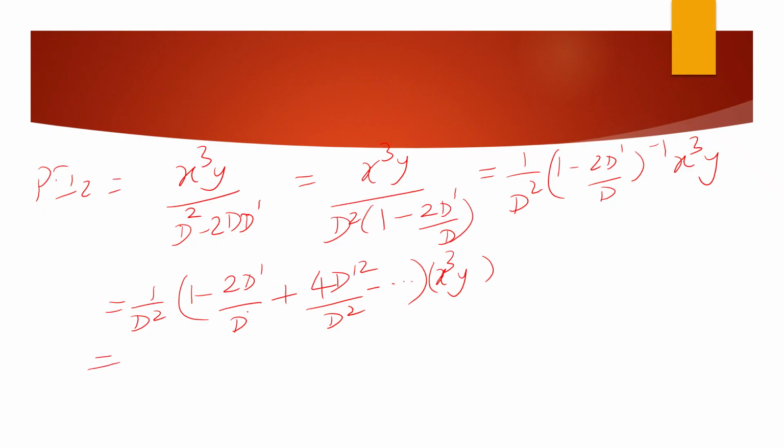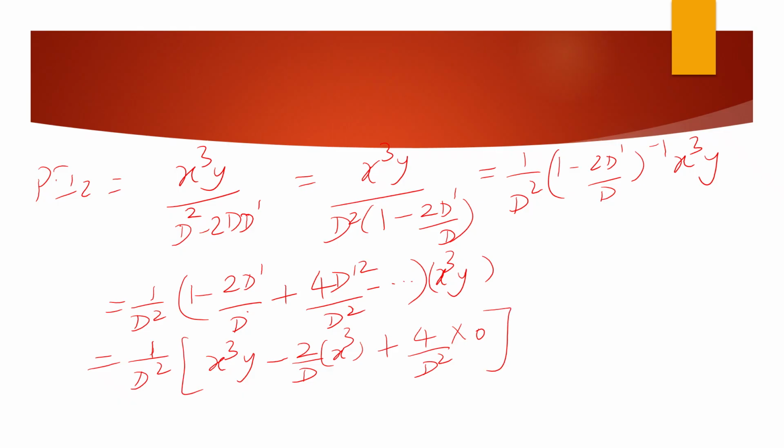So now I'm going to operate on x cube y with each term of this series expansion. So it is 1 into x cube y is x cube y, plus 2 by D, and D dash of this, D dash meaning ∂ by ∂y of this term is x cube, plus 4 by D square, and D dash square of this term becomes 0.